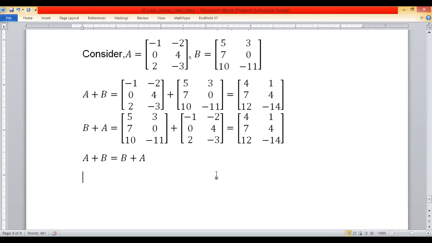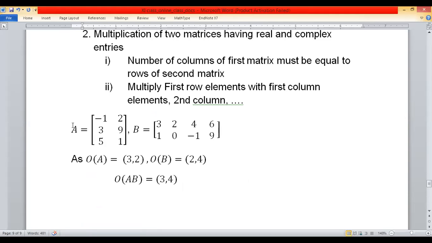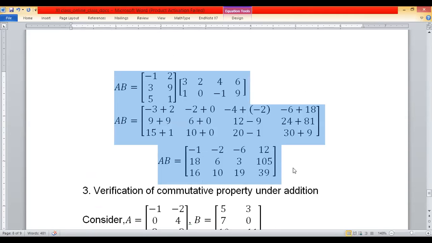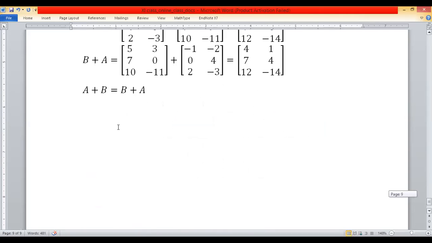You can verify, and it's your homework. What I have done, you can see on the screen, by selecting these two matrices. If AB is this one, if you find BA, it will not be the same as AB. Commutative property does not hold.